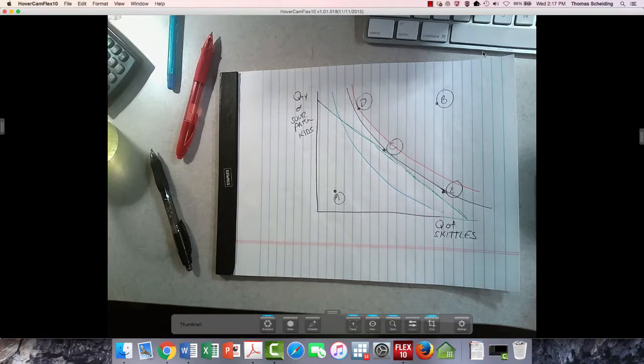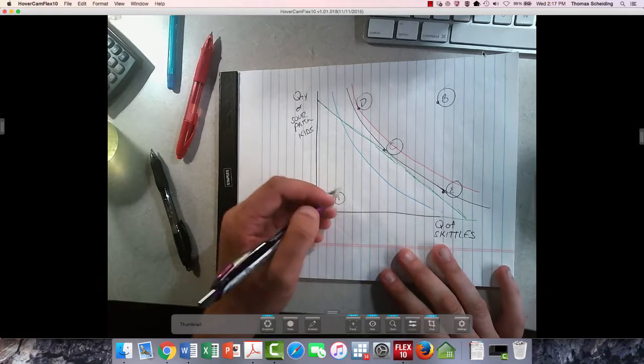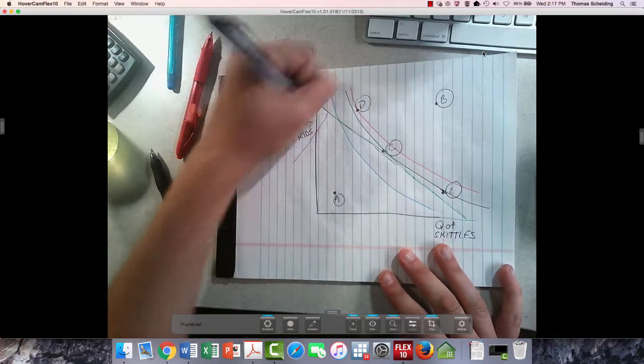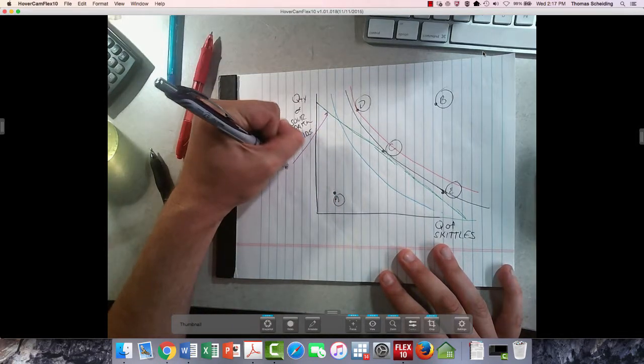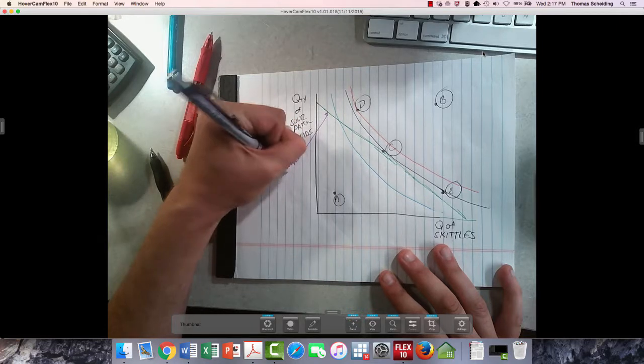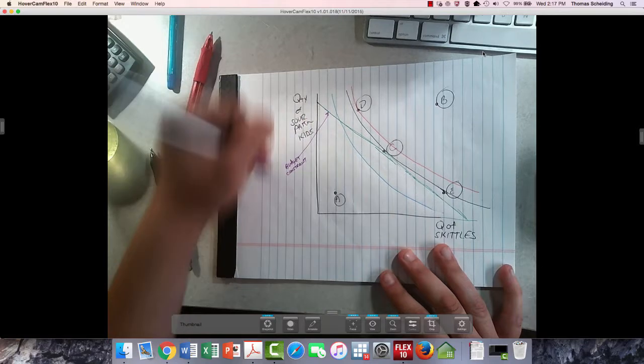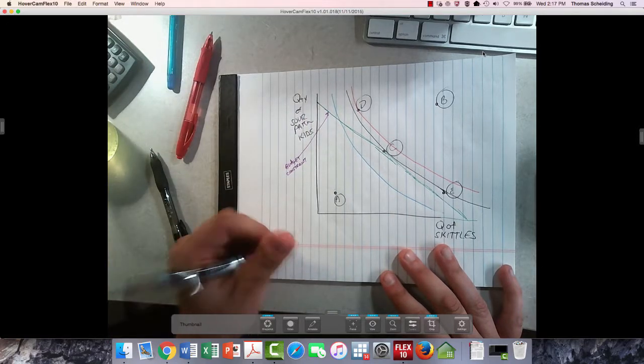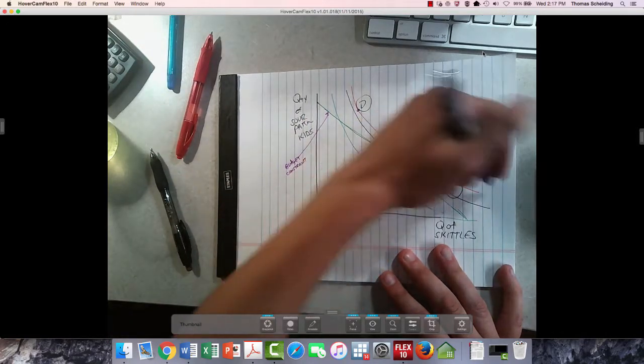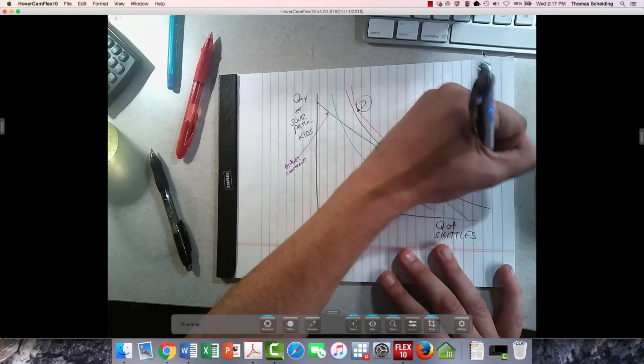If not, my apologies. This right here, again, is my budget constraint. These three curved lines are indifference curves.